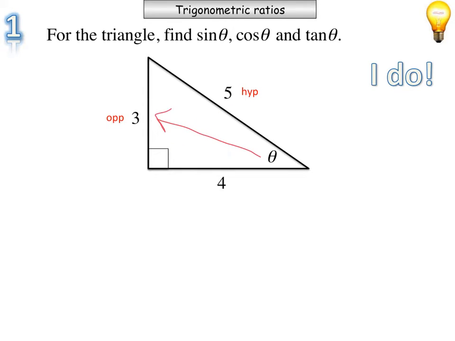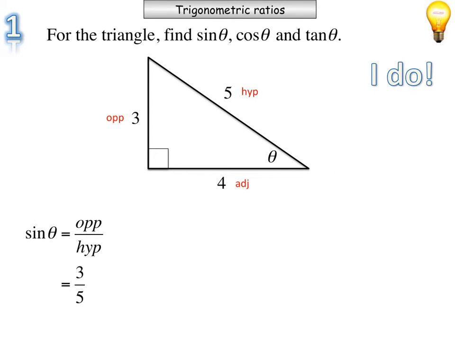Opposite is opposite the related angle, so looking at theta, the opposite side is the 3. The one that's remaining is your adjacent side, so adjacent to this angle is this side length, which is 4. I know that this is also next to theta, but we already know that's the hypotenuse, so this must be the adjacent side.